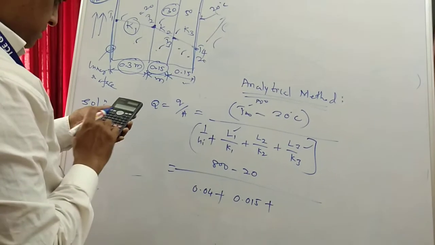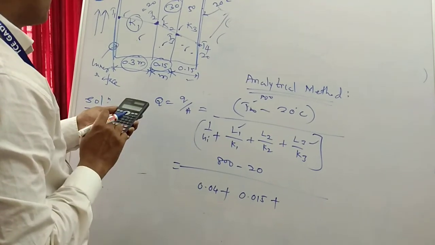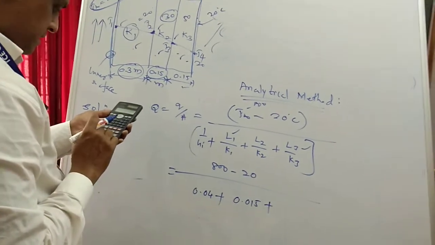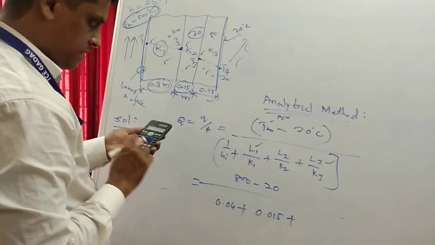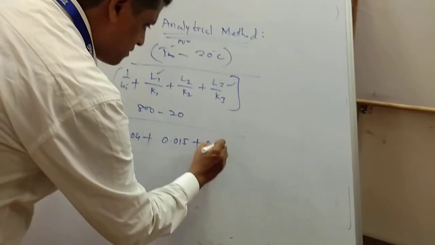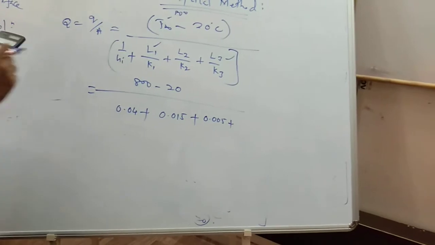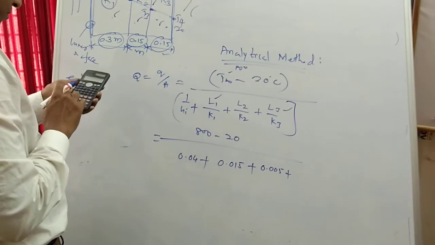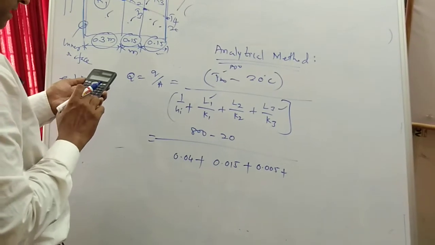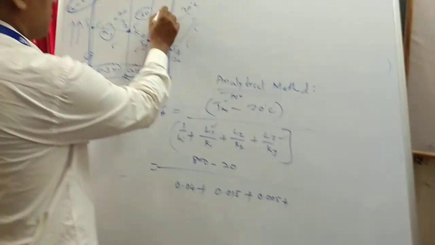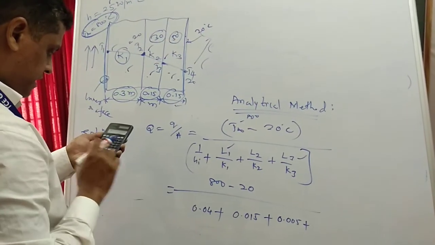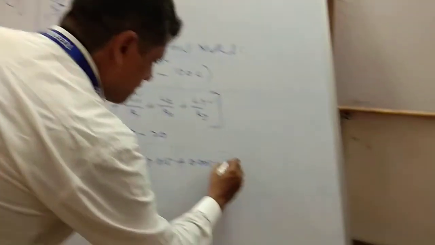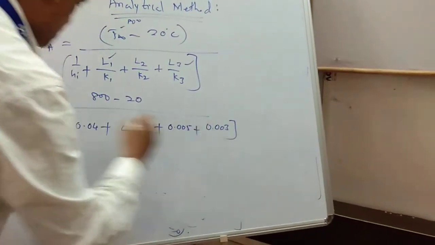L2 0.15 divided by 30 gives 0.005, plus L3 by K3. L3 is again 0.15, the thickness of material 3, divided by the thermal conductivity of material 3, which is 50. Here I got 0.003.